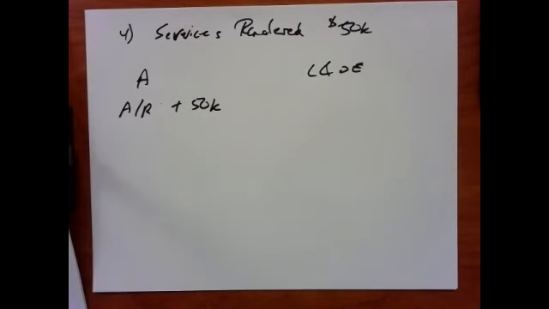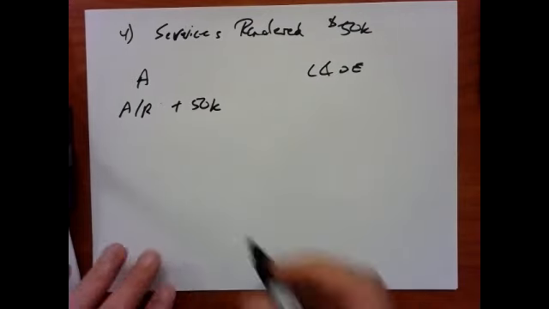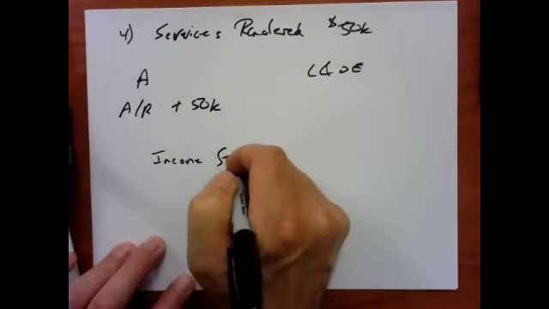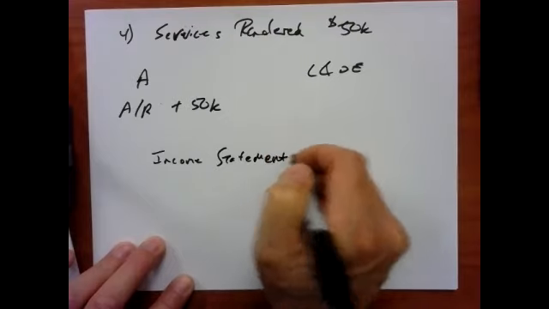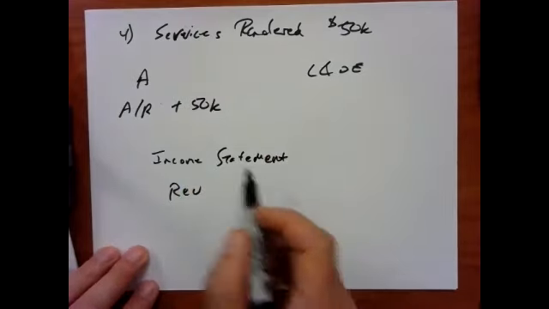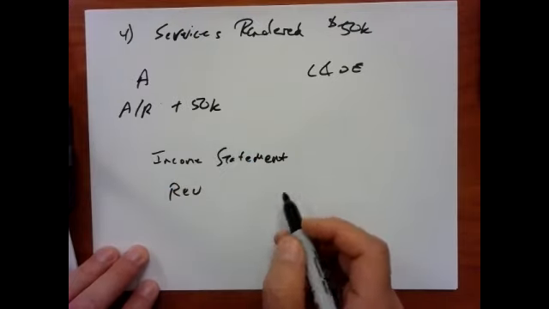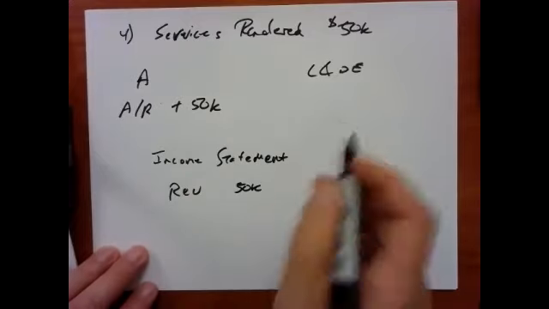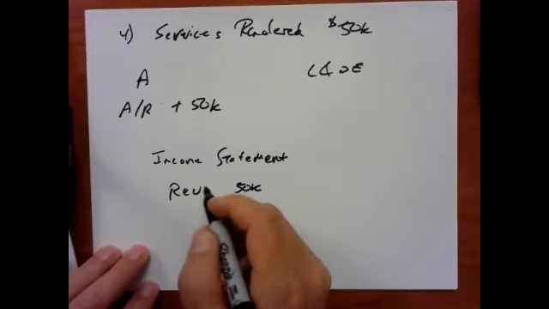This is going to flow through, and now you have to think through the flow-through effect from the income statement. So if we picture our income statement, we have revenues, at this point, of $50,000. I haven't told you any of the expenses, so we can ignore the expenses for now.